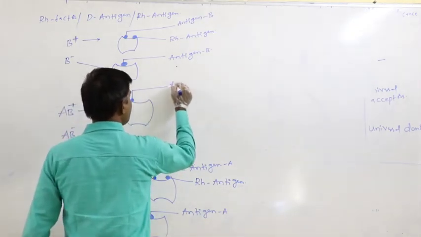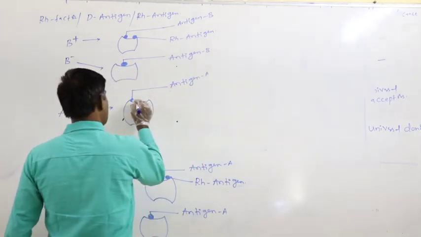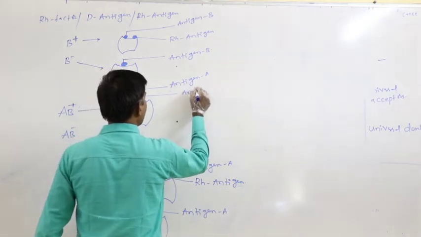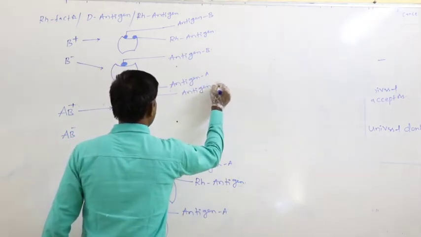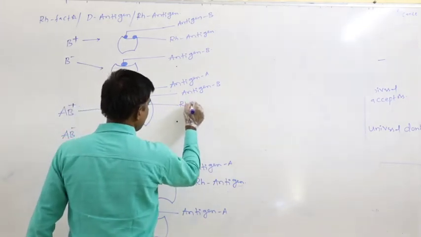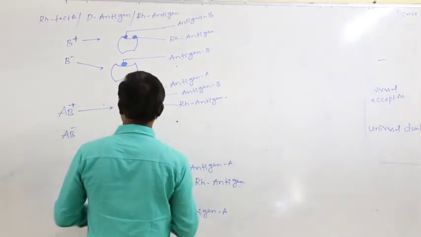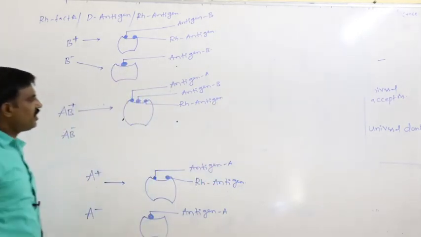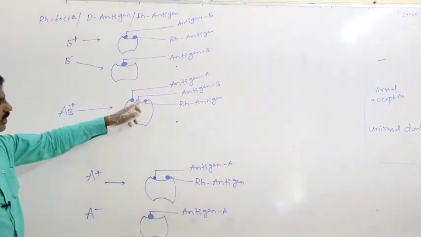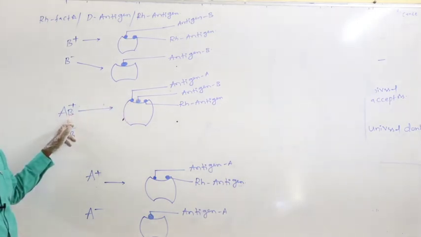This is antigen A, this is antigen B, this is the Rh antigen. So only if the additional Rh antigen is present on the surface of the RBC membrane, in addition to antigen A and antigen B, then we can say that is AB positive.